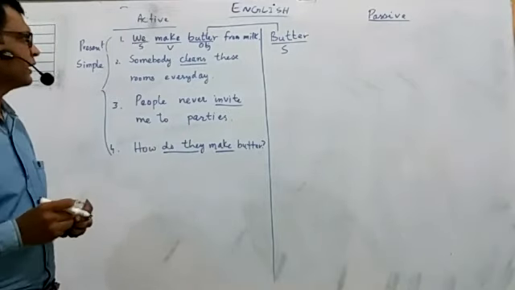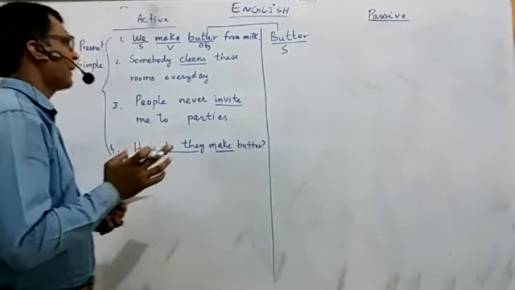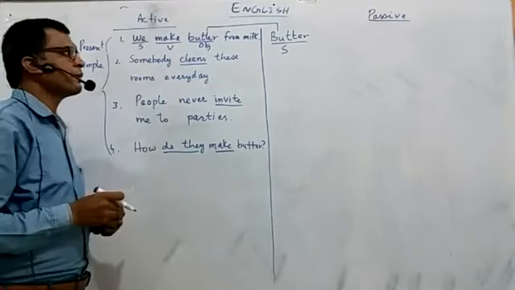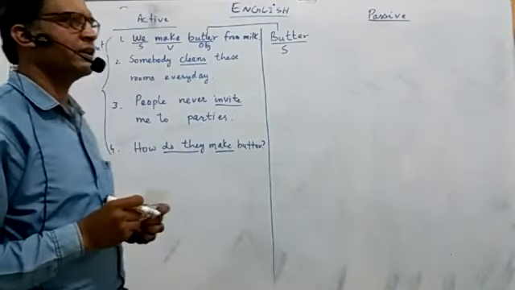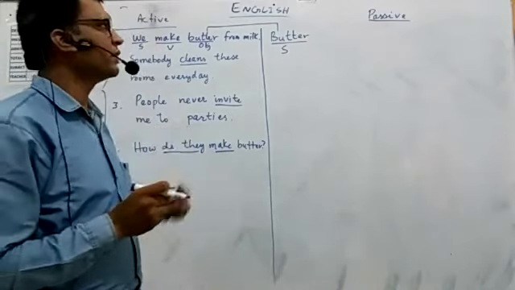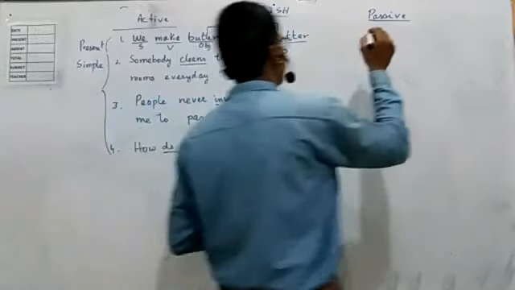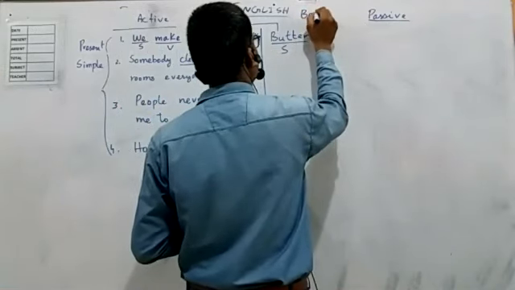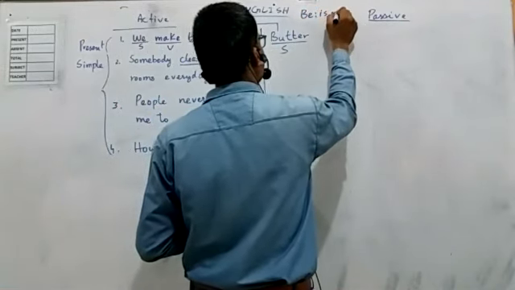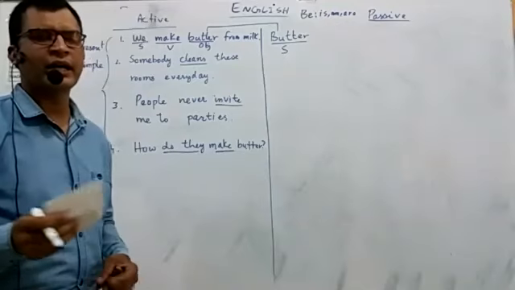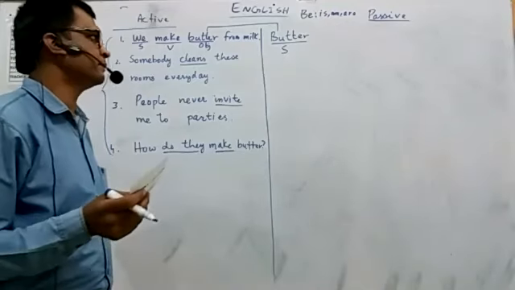Then we already know that it is present simple tense, therefore the first form is used. So we change present simple with the form of verb be. And if you can remember, by be I mean is, am, are for present. By be we mean is, am, are as per the situation.